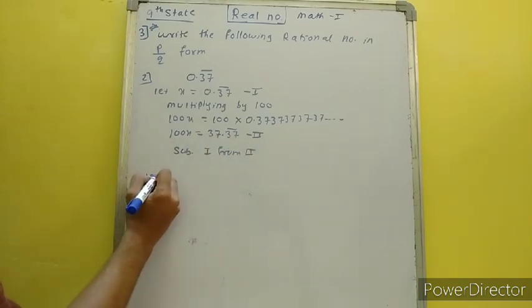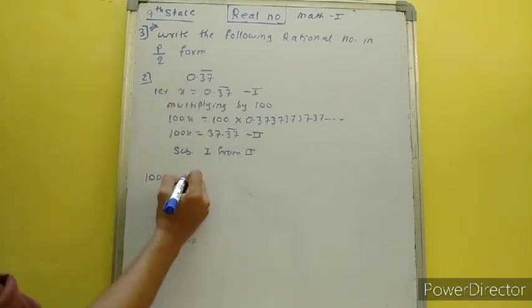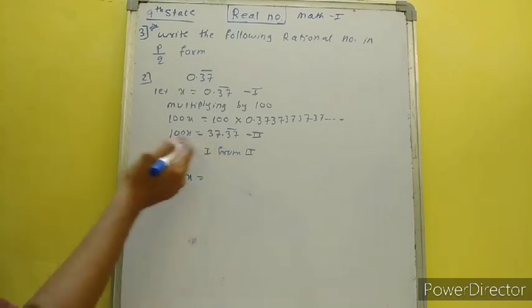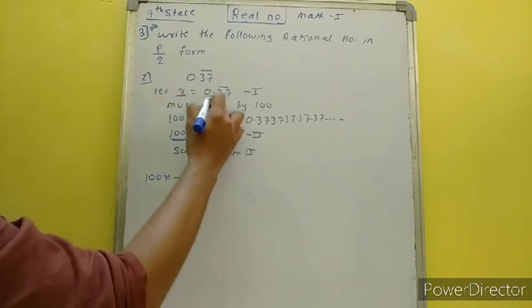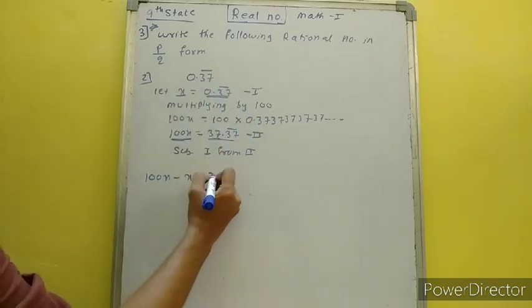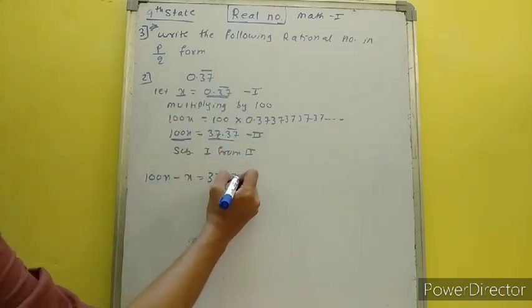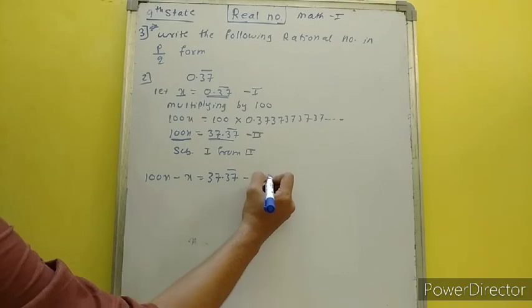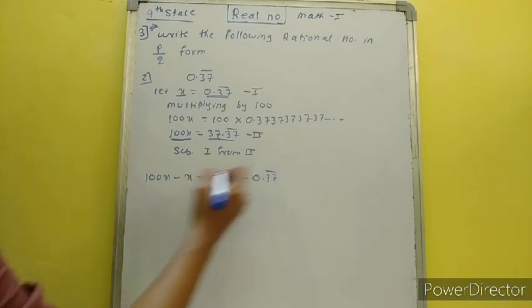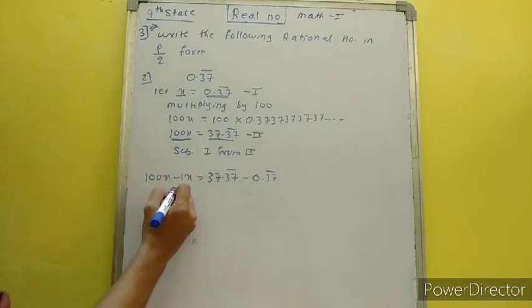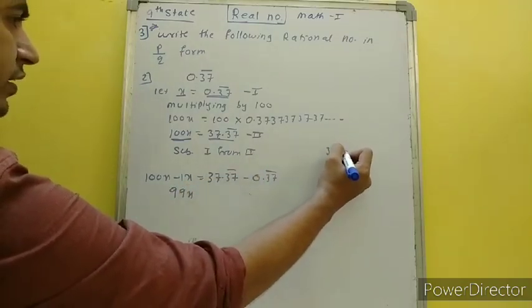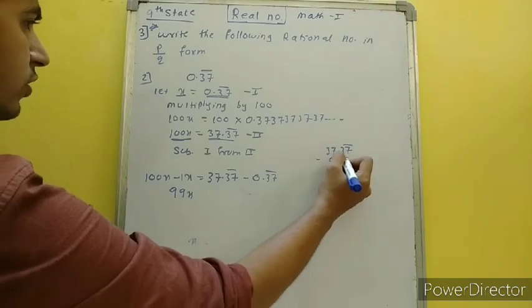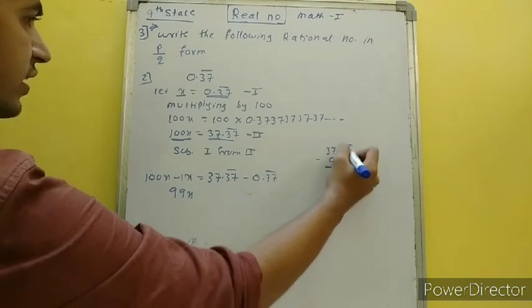We have 100x minus x, left hand side minus left hand side, right hand side minus right hand side: 37.37 recurring minus 0.37 recurring. 100x minus 1x is 99x, and 37.37 recurring minus 0.37 recurring, this gets cancelled.